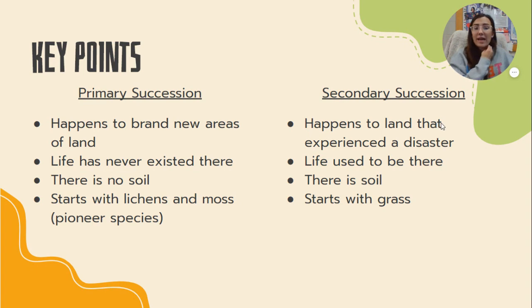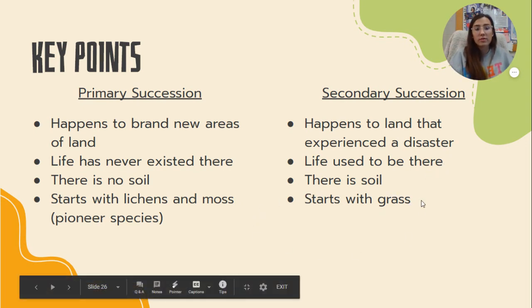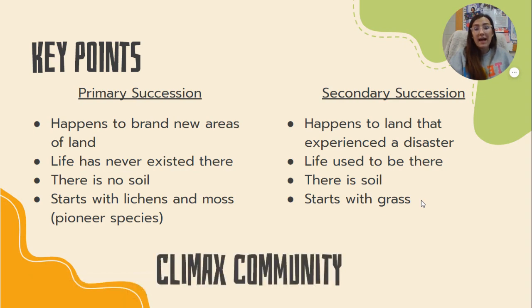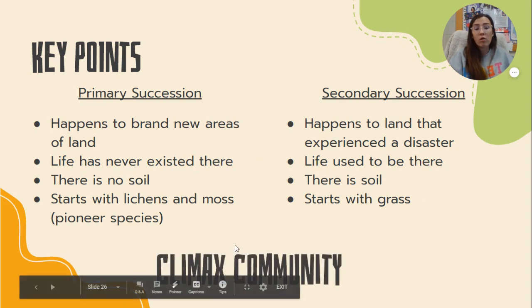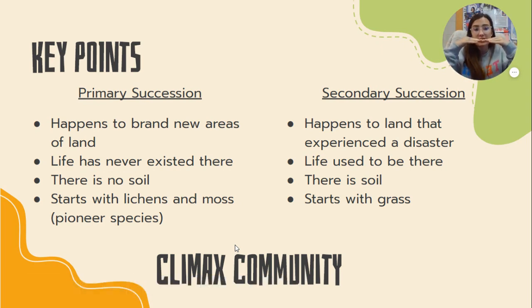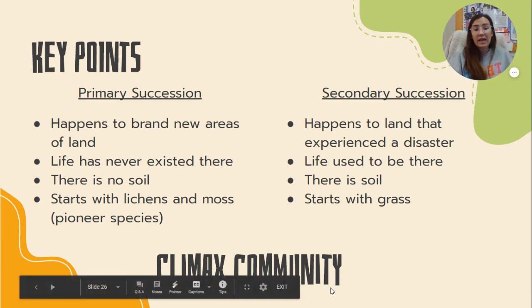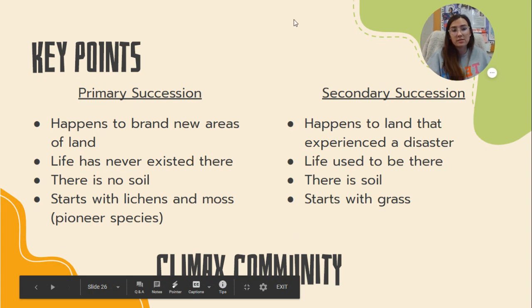Secondary succession happens where a disaster occurred. Life used to be here, so there is soil, meaning you get to skip ahead and start with grass. At the end of both, your goal is to have a climax community and where your ecosystem is stable with your plants and your animal populations.